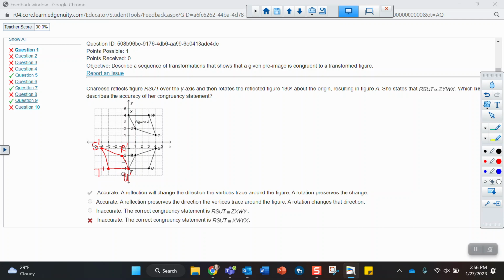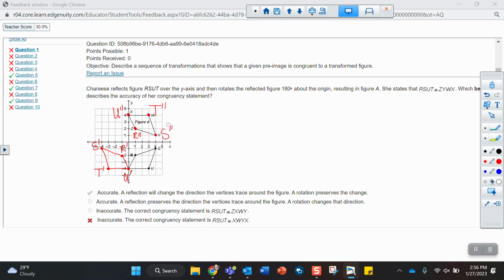So when we rotate this figure 180 degrees about the origin, you can see that R prime ends up, let's see, U prime, this is going to be R, I'm going to call it double prime now because it's moved twice, U double prime, T double prime, and S double prime.